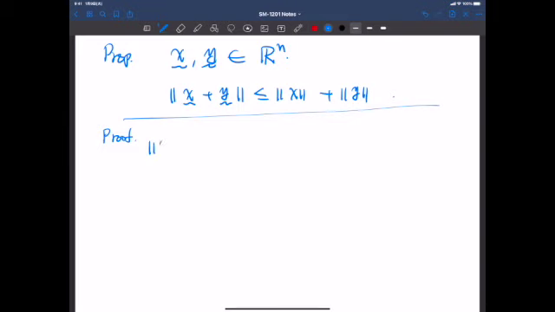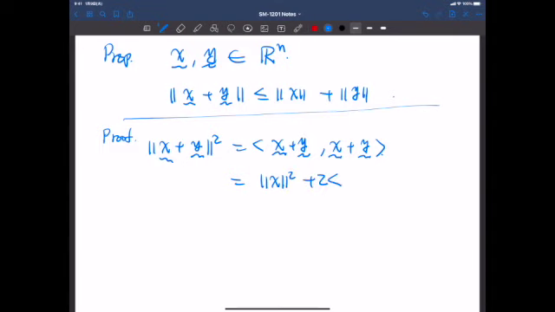So first, consider the modulus of x plus y, squared, which is this dot product. And this is equal to the modulus of x squared plus 2 x dot y plus the modulus of y squared.